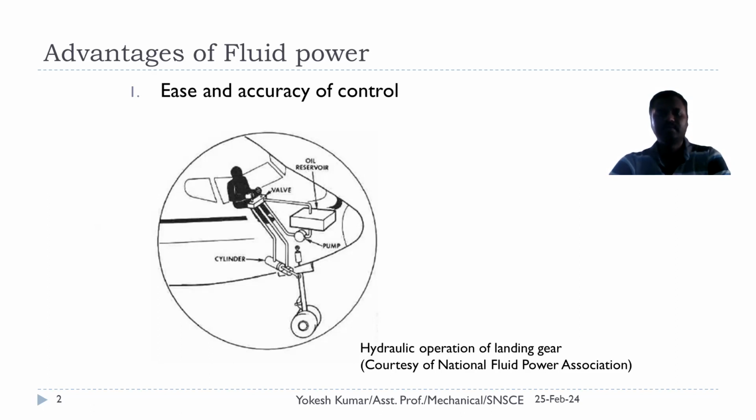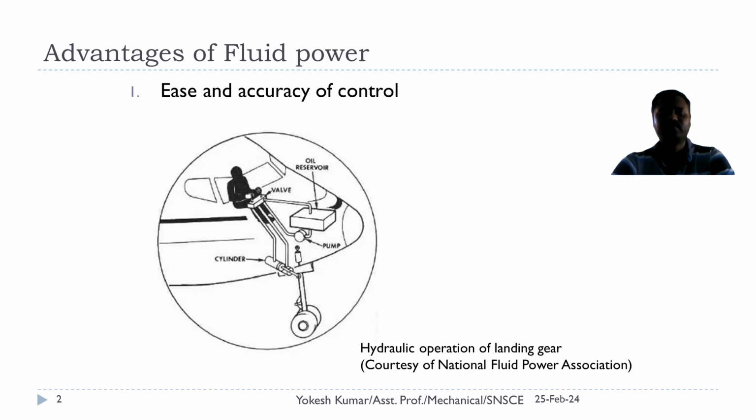Here we have a reservoir. From the reservoir, the pump sends the fluid to the direction control valve. By operating the lever in the direction control valve, the pilot suitably directs the fluid to the actuator or the cylinder so that the landing gear can be actuated.